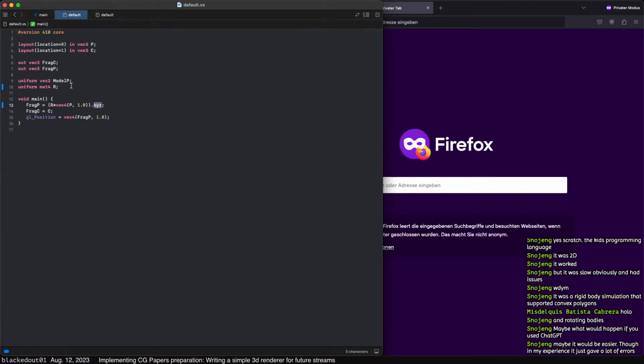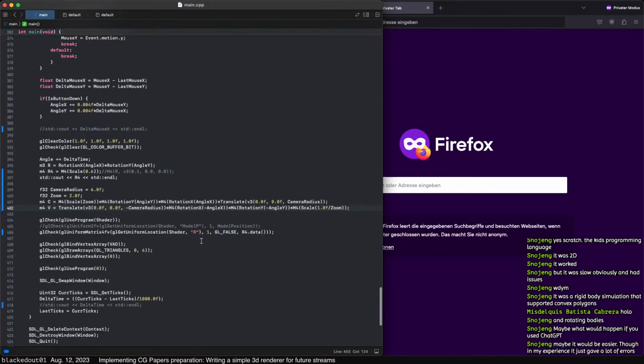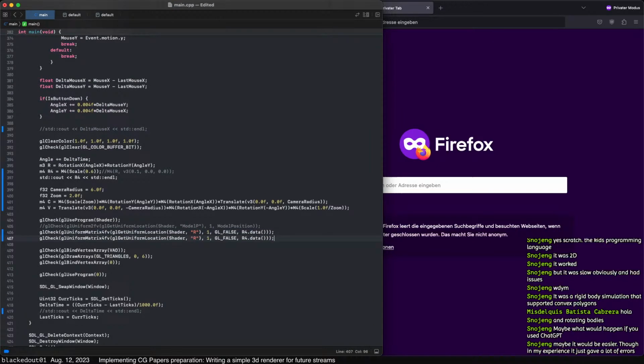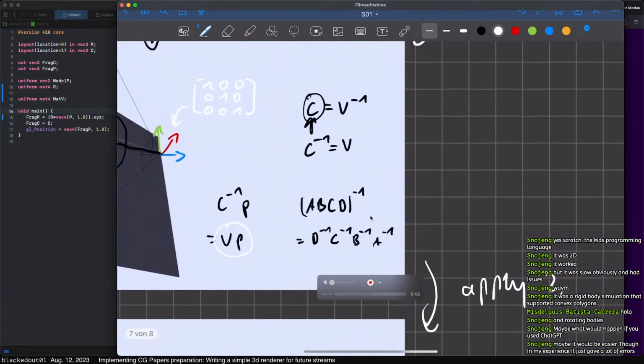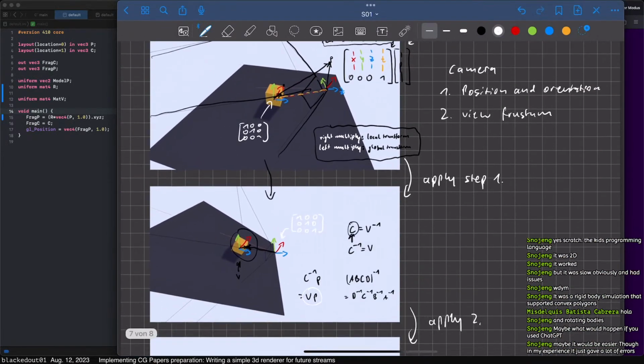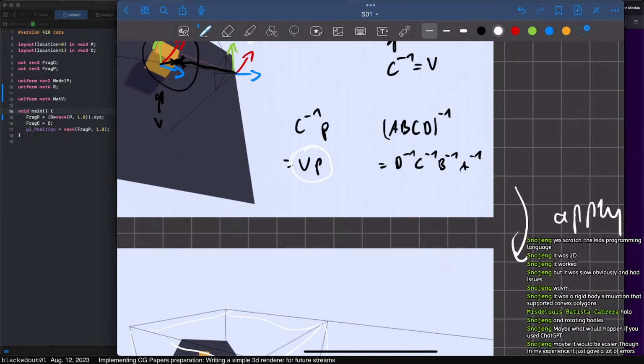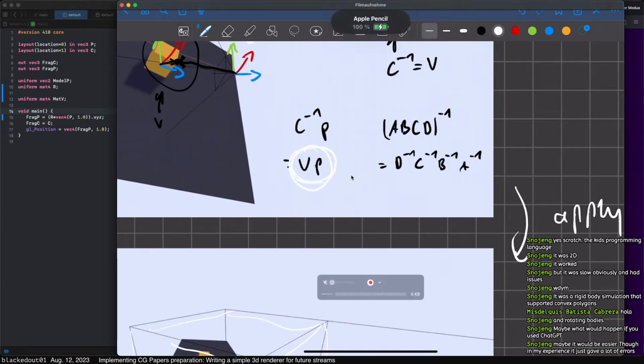And now we could, in theory, make another uniform variable, and we could, for example, call this the view matrix V. And then we just take the data of it and put it into the shader. And to now do the first step here, we just multiply our point with the view matrix.